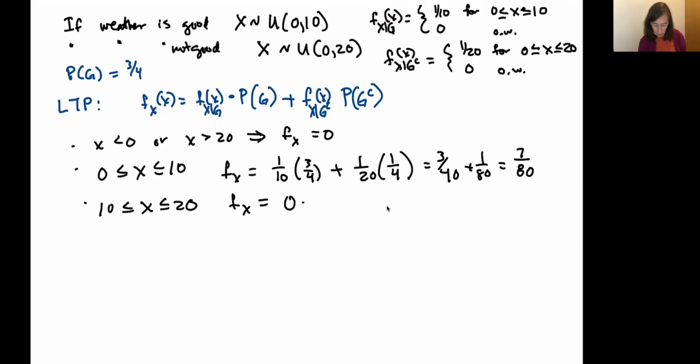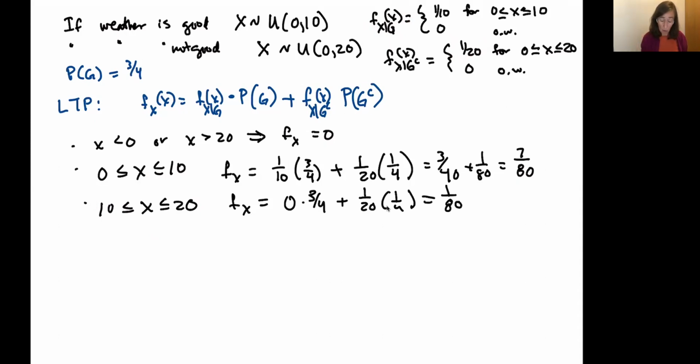So that's 0 times 3/4, plus in this range, X between 10 and 20, the PDF for bad weather is still 1/20, so 1/20 times 1/4, and that equals 1/80. Okay, that's my unconditional PDF.